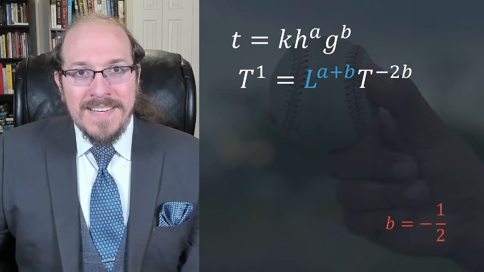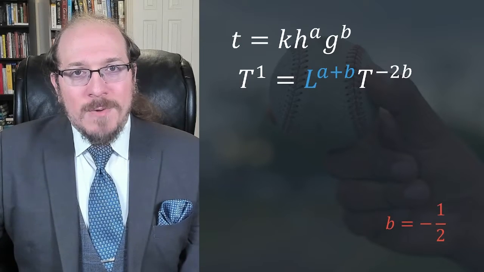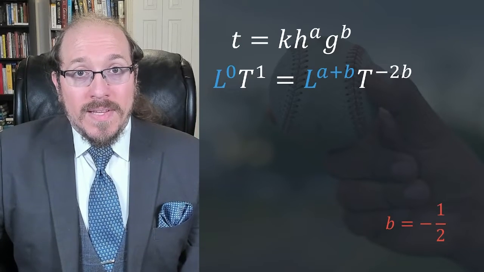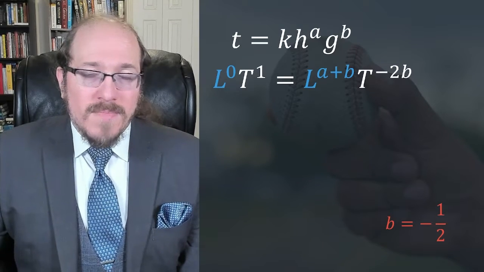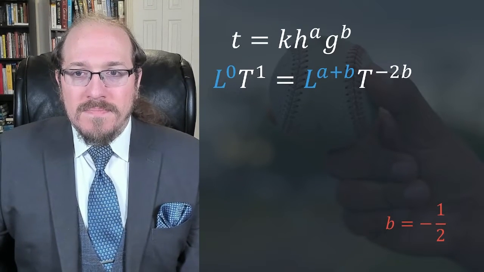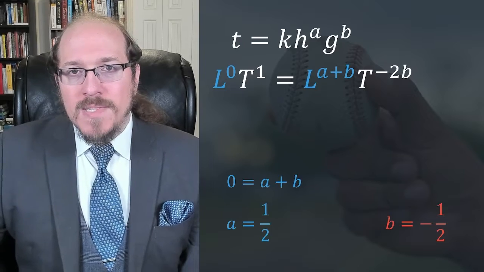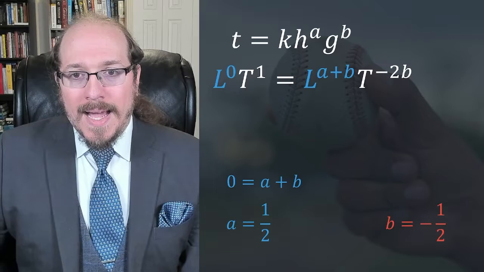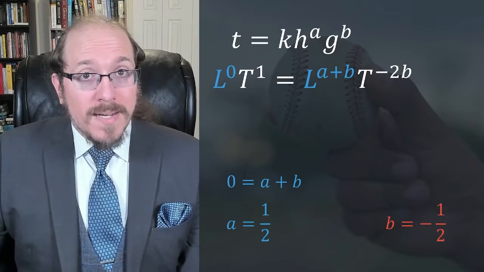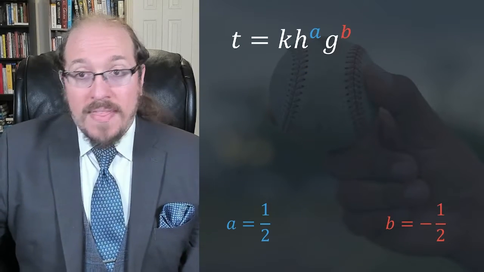Well, really it's hidden. We can actually write L to the 0 on the left, and since anything to the 0 power is 1, it doesn't really factor into the equation. That means that a plus b has to equal 0, and since b is equal to negative 1/2, a has to be positive 1/2. And that's it.